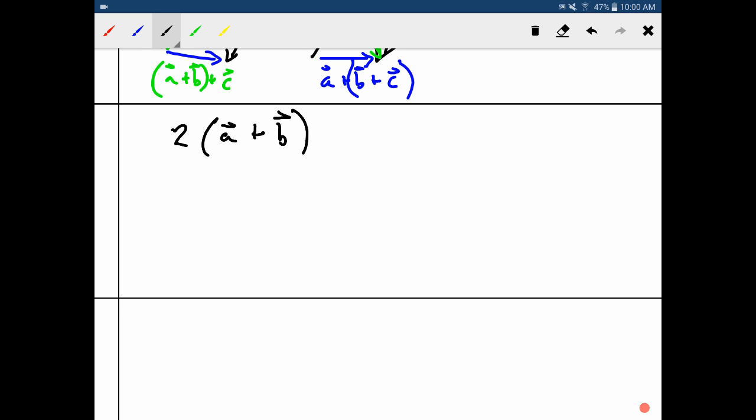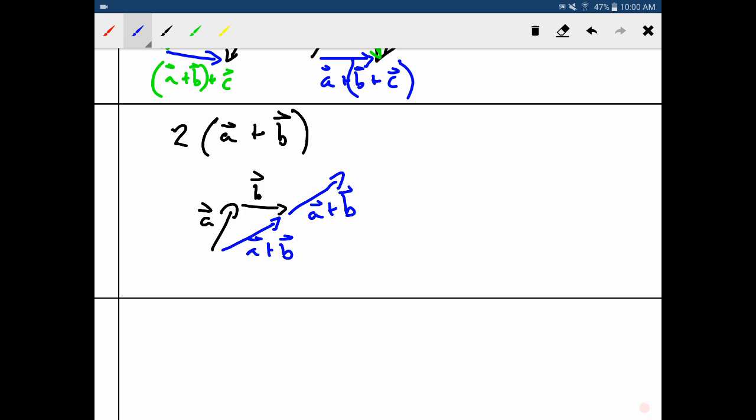So what that means is that I take A plus B, so there was A, and then there's B. That's A, and there's B, and that gives me A plus B. But I'm going to multiply that vector, the A plus B, by 2, so I have another A plus B. Okay? So this resulting vector is 2(A plus B).